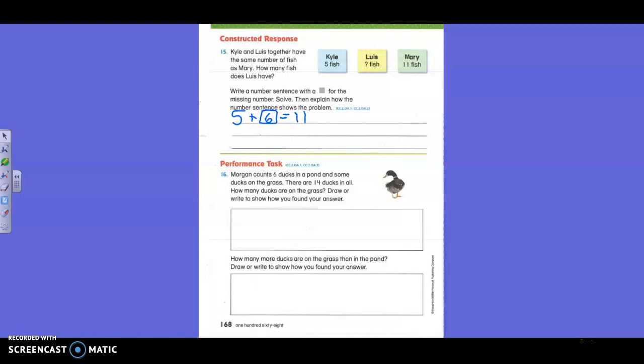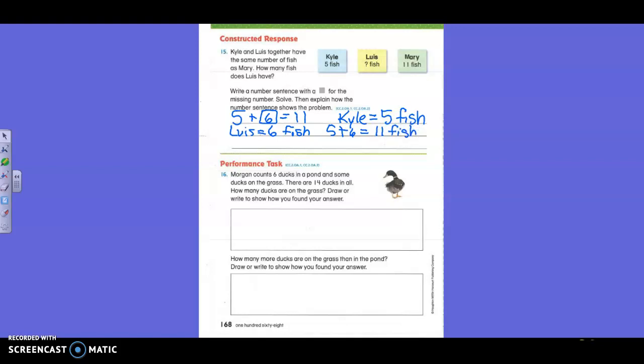I think we just say Kyle has 5. Lewis has 6 fish. 5 plus 6 equals 11 fish.